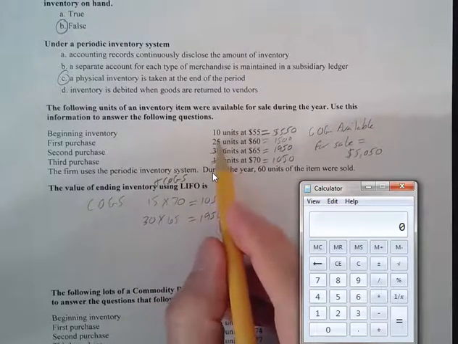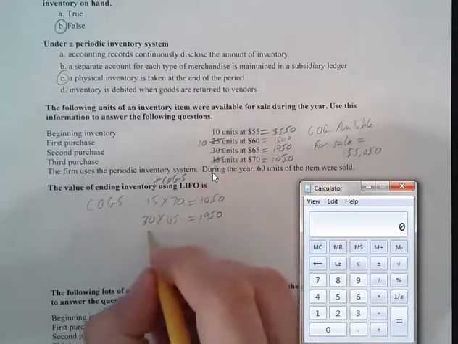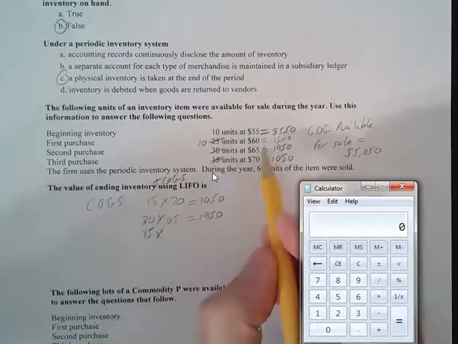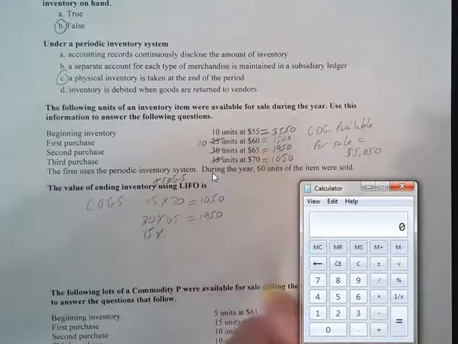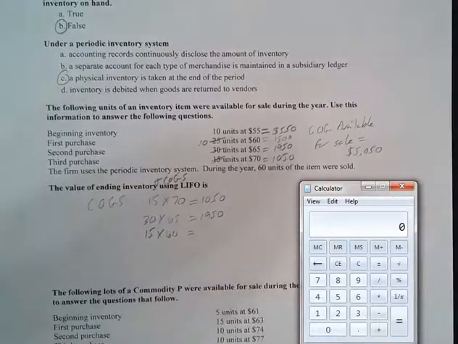So now we need to take 15 of these units, leaving us with 10. And those are at, what is that, $60 a piece. So we'll have to calculate that because we don't have that number. Okay, that's 900.